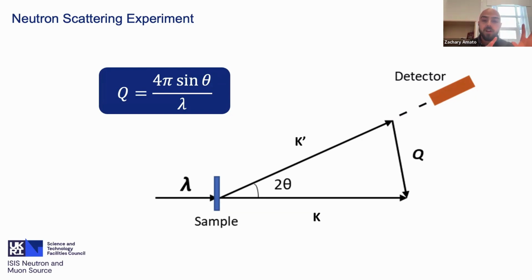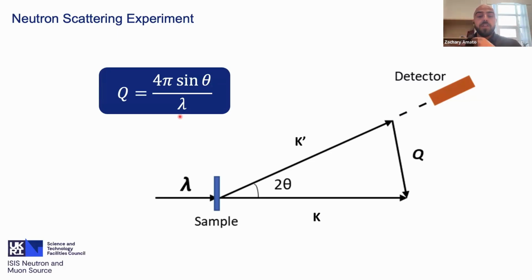And we measure the intensity of these scattered neutrons as a function of something called Q, which is just a momentum transfer. The only thing you need to understand is that it's inversely proportional to wavelength, which means that it's inversely proportional to the length scale that you're looking at. So if you measure small values of Q, you're looking at large distances, you're looking at larger things.